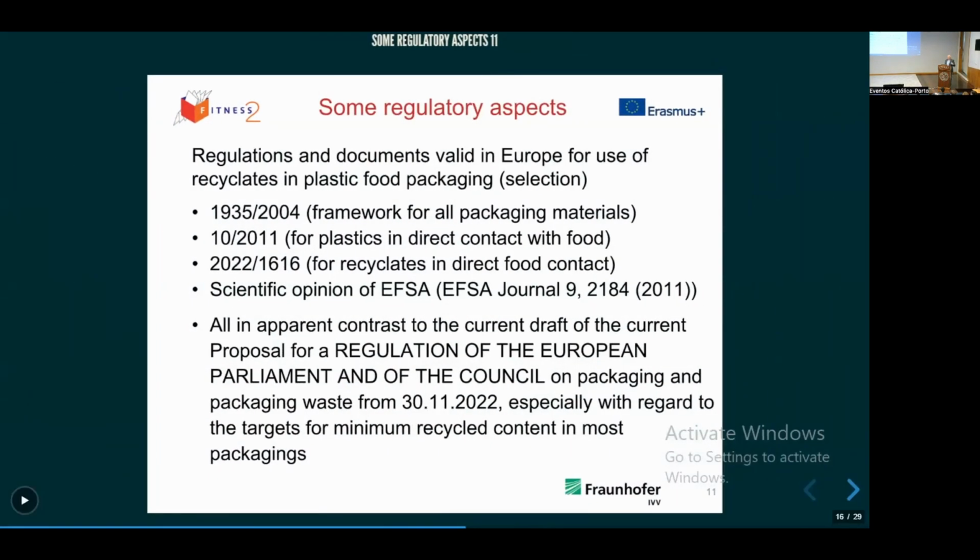If we want to use recyclates in food packaging, we have the applicable EU rules. You all know them, and you also know, and we have already discussed this several times today, that these rules are in apparent contradiction to the proposal that has been introduced right now with its recycled content targets.